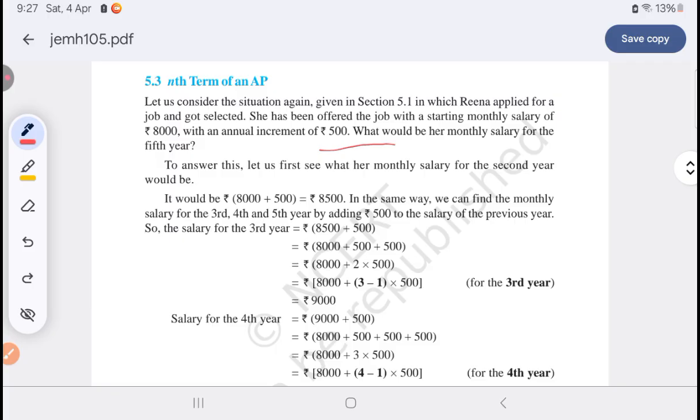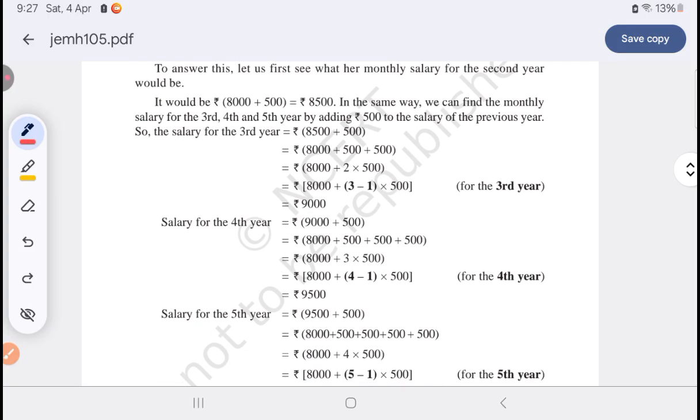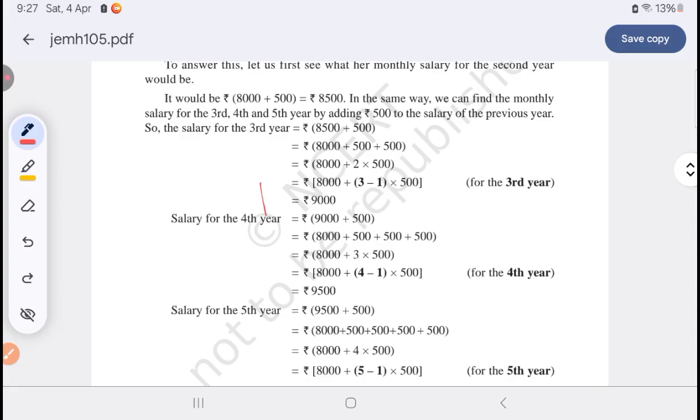So the second year is 8,500, then 500 is added for the third year, so it becomes 9,000, and for the fourth year 9,000 plus 500. Splitting the terms, the initial term is 8,000, then 500, 500, 500.